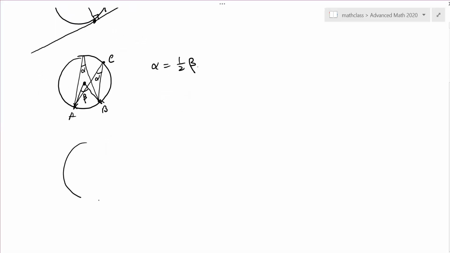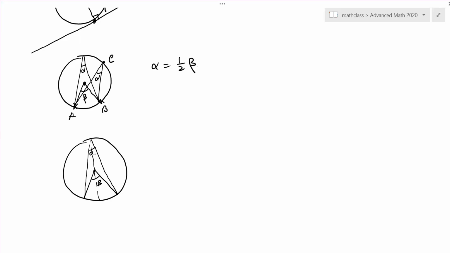Let's take a look at this case. This is beta, and then you take the middle of the line, so you draw this line. And alpha is going to be half of that, for the following reason.